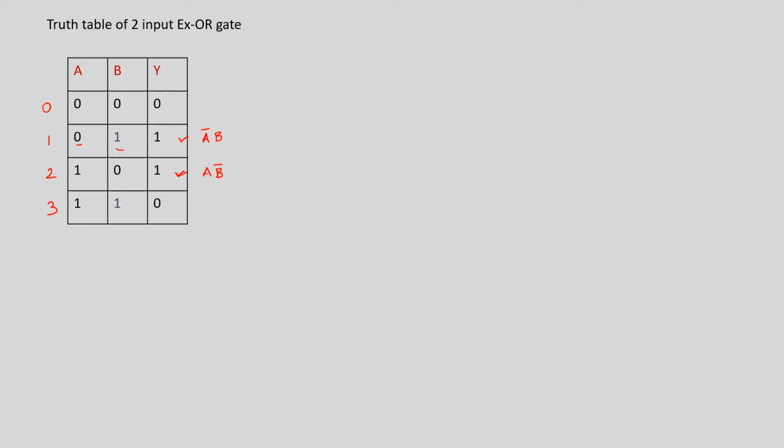So the truth table can be written in the form of an equation like this: Y is equal to A bar B plus A B bar. These terms are known as minterms, and this equation is known as SOP, that is sum of products.